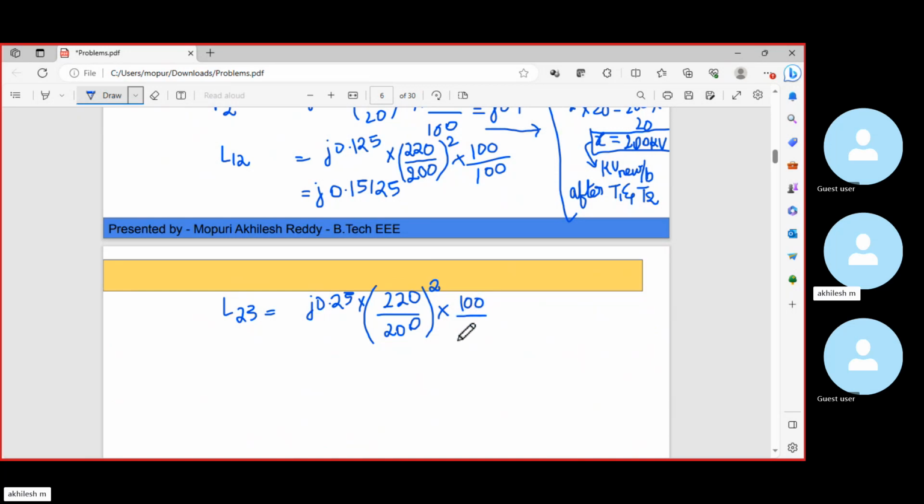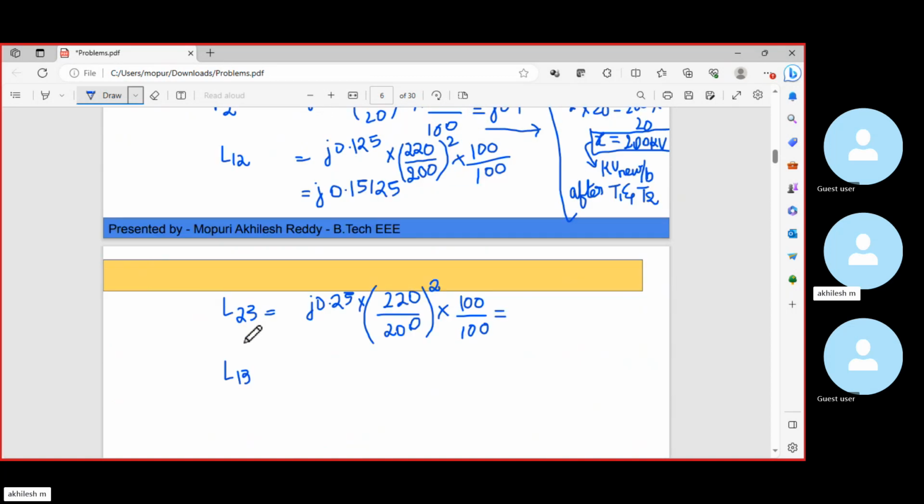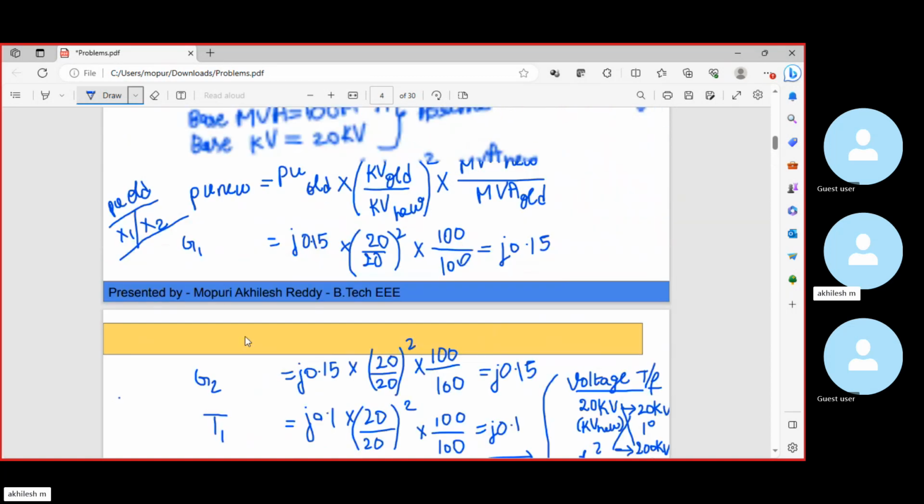Similarly for L13, what is the old per unit value for L13?